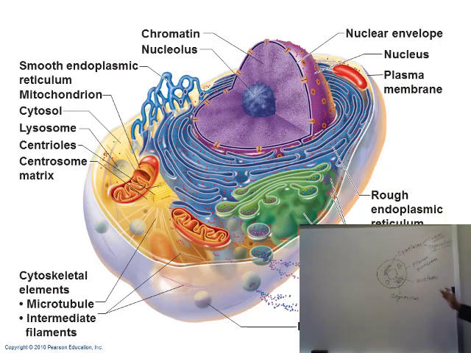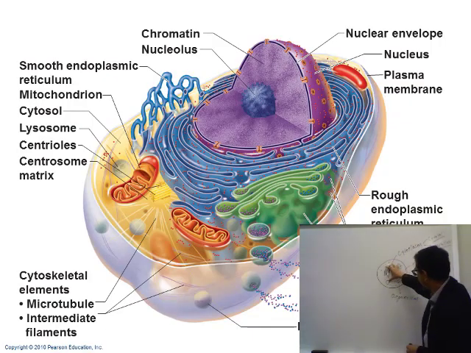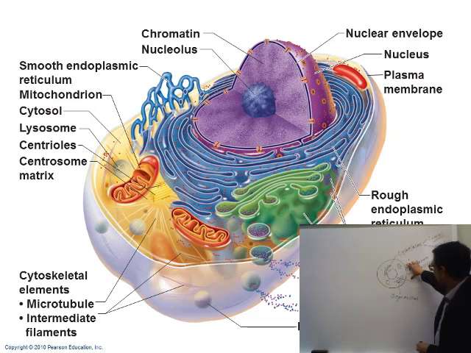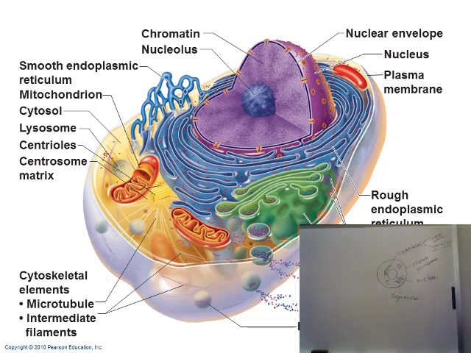Now the plasma membrane, as I have mentioned, gives the boundary. It separates inside the cell from outside, and it also gives the shape of the cell. So two important functions of plasma membrane, just remember.